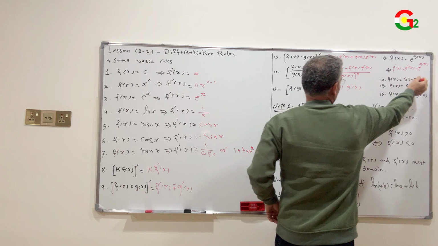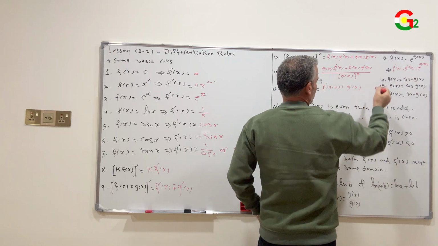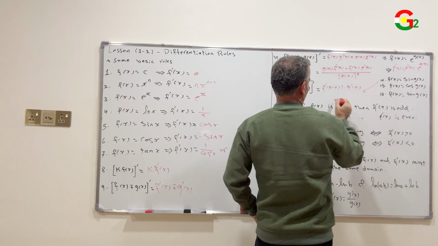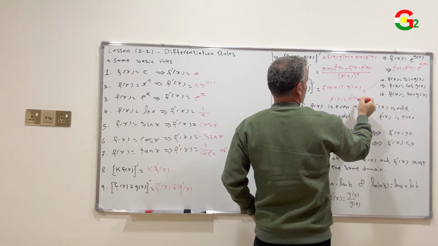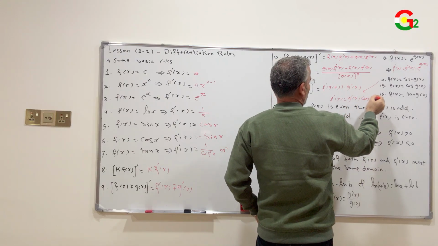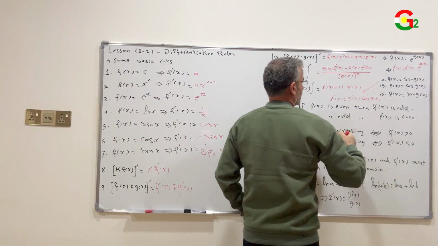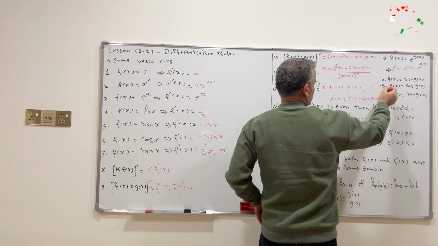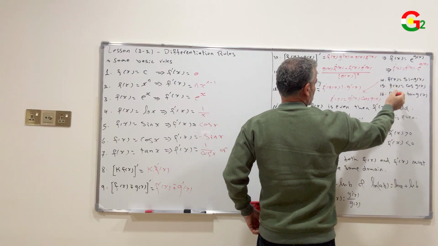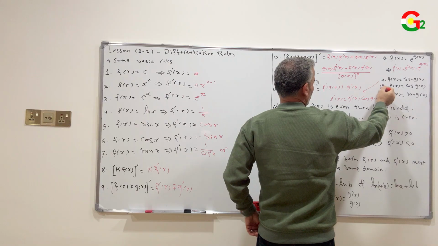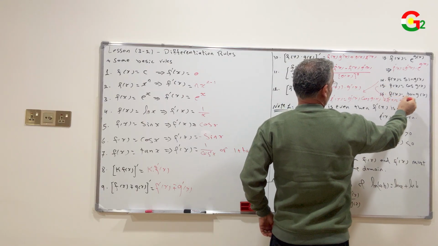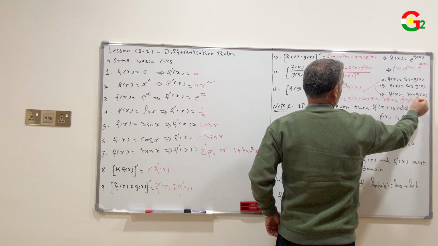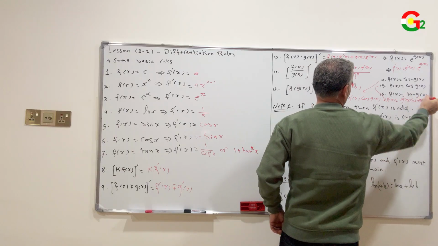If f of x equals sine g of x, then f prime of x equals g prime of x cosine g of x. If f of x equals cosine g of x, then f prime of x equals negative g prime of x sine g of x.